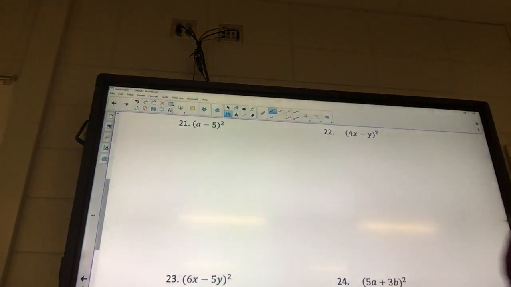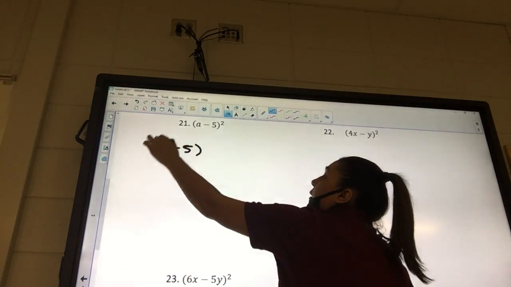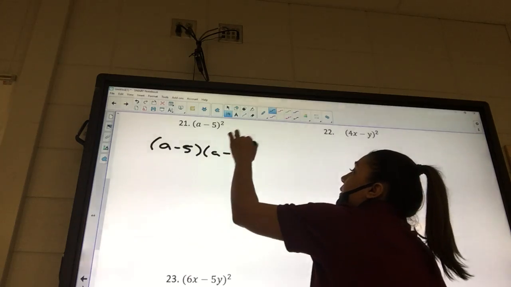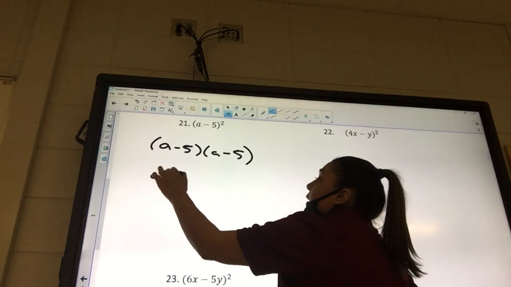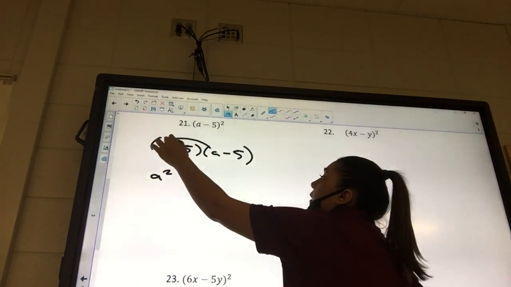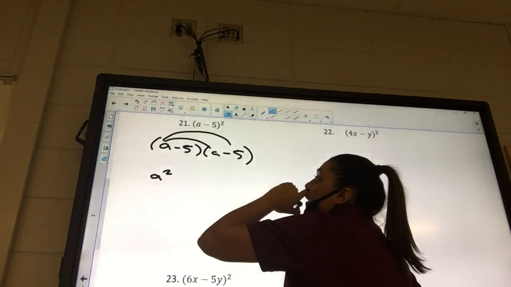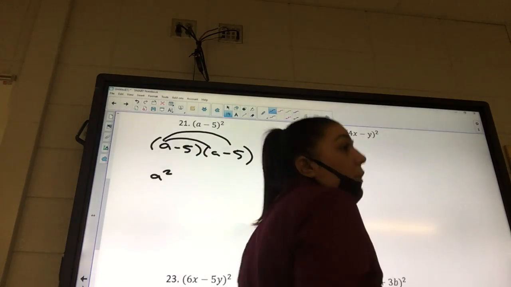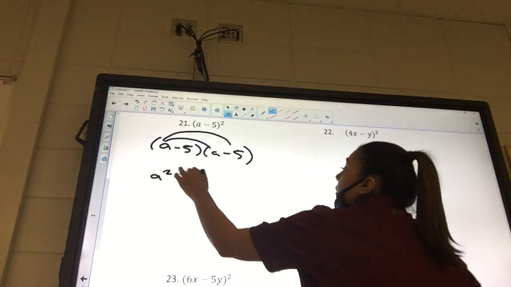Okay, 21. It says a minus 5 squared. So what do you need to do? Write it twice. So it's going to be a minus 5, a minus 5. Then we multiply the first. A squared. The outer, negative 5a.